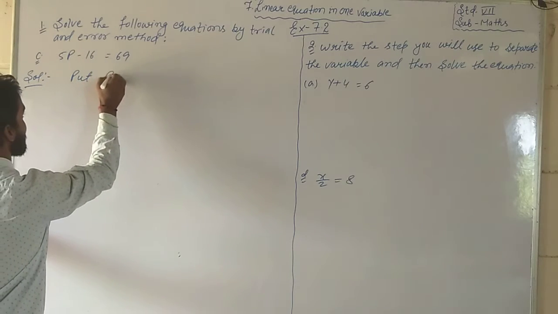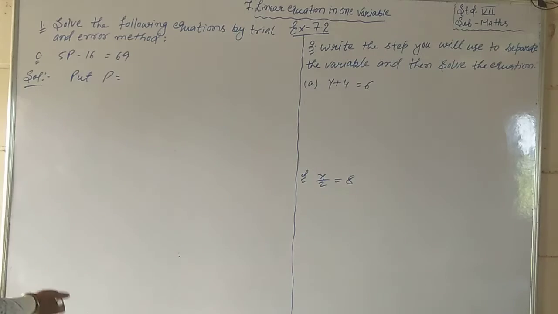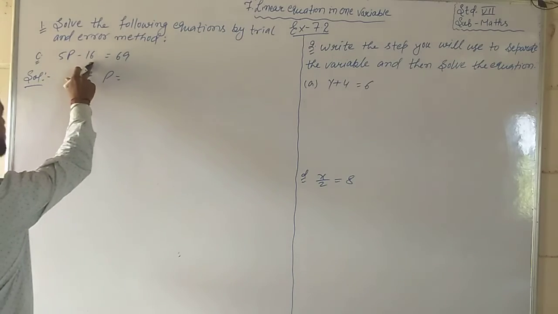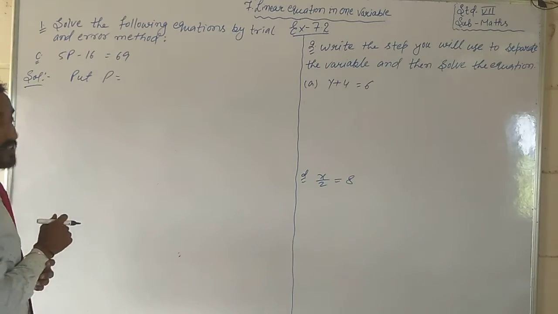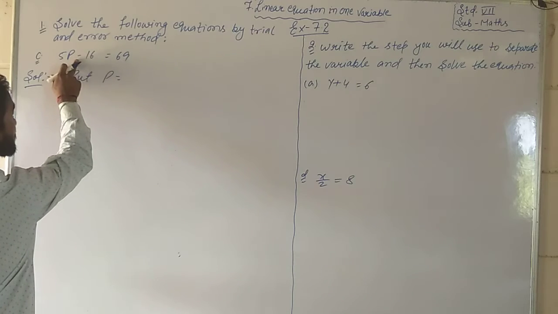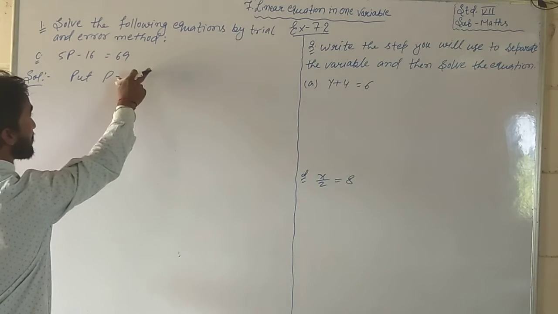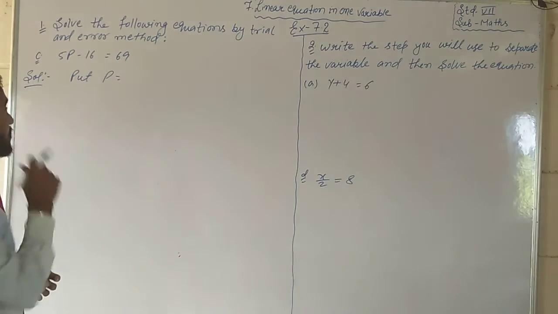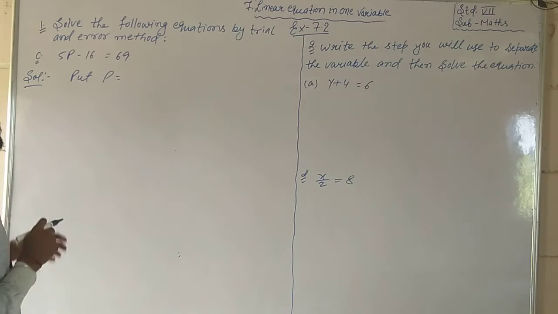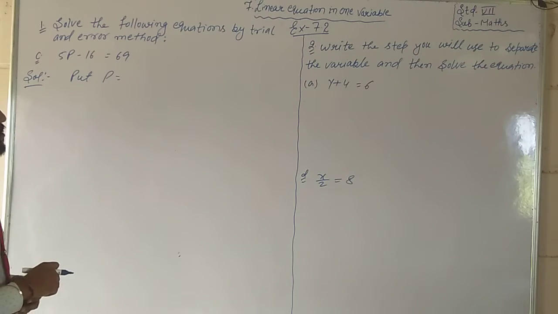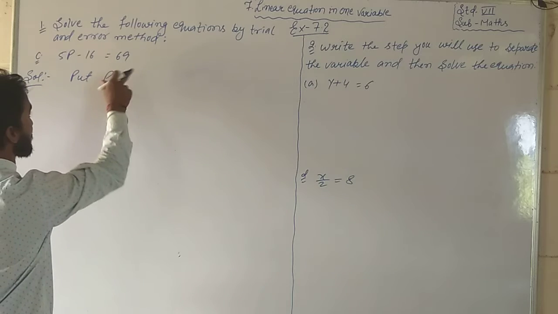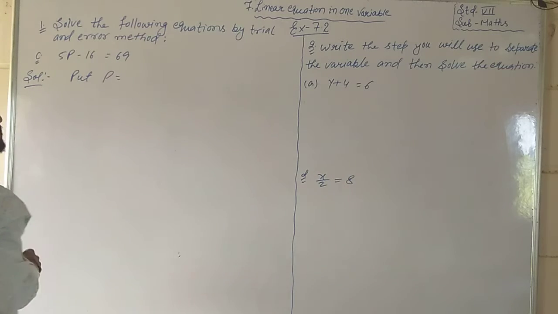Put p is equal to... see students, 5p minus 16 is equal to 69. Are you getting it? That 16 is negative on this side, it will be positive when it is transposed. As it transfers, it will be plus. What number will it be? 69 plus 16 is 85.